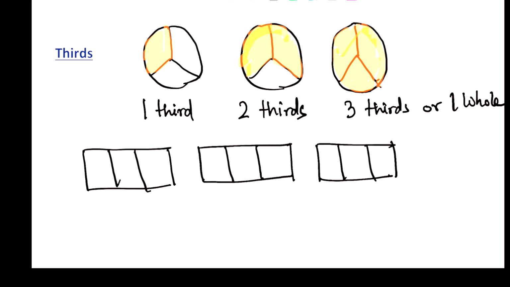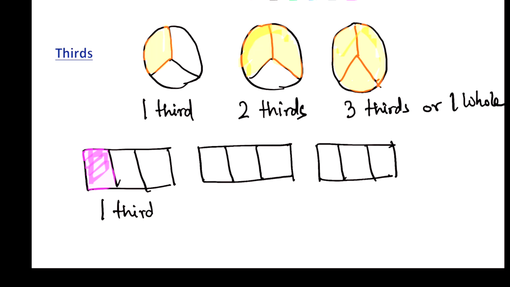Now let's take an example of rectangles. As you see, I draw three rectangles. Each rectangle is divided into three equal parts. If I shade the first rectangle, then I can say that I shade 1/3 of the whole rectangle. So 1/3.